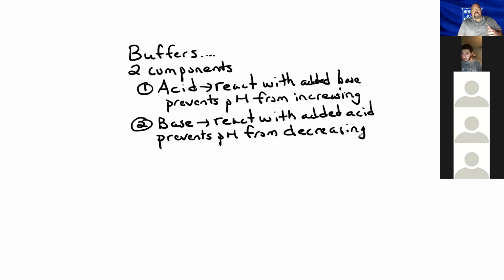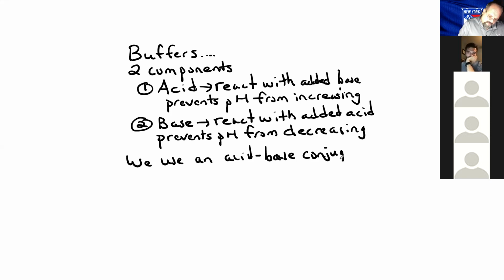So how do we get around this issue? Is there a combination of acid and base that can be used that will essentially be added together, sit there and wait and not react with each other? And the answer is yes. As we talked about, we use an acid-base conjugate pair. We know from our discussions earlier in the chapter that conjugates differ by one what?